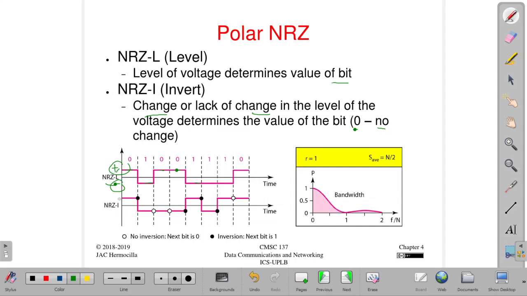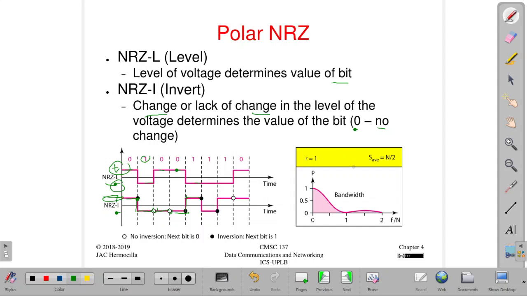Assuming that somewhere here this is the voltage level, no change, so this will be 0. Now if this is 1, there should be a change from positive to negative, so that is 1. No change, 0, no change, 0, 1. There should be a change from negative to positive, and you get the idea of NRZ-I.